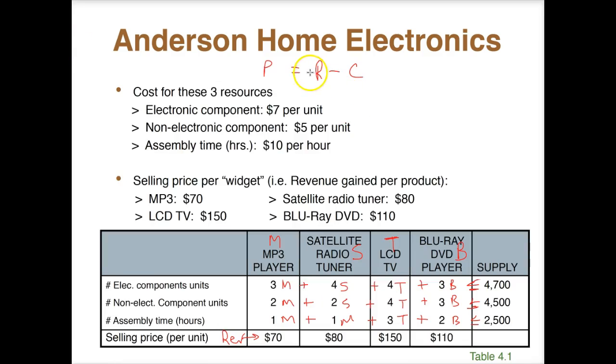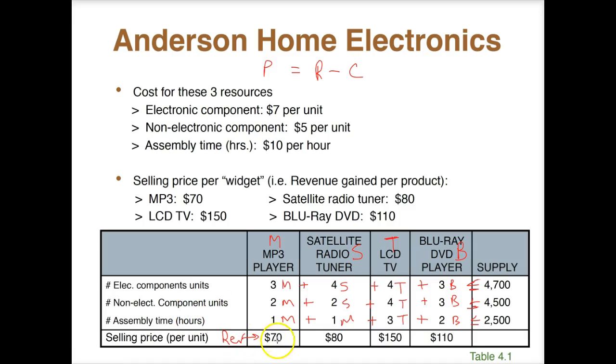Now, of course, I mentioned earlier that profit was the difference between revenue and cost. So we'll just look at the MP3 player there and come up with what we have here. We notice here that the electronic components, non-electronic components, and assembly time all are going to be cost to make this particular MP3 player.